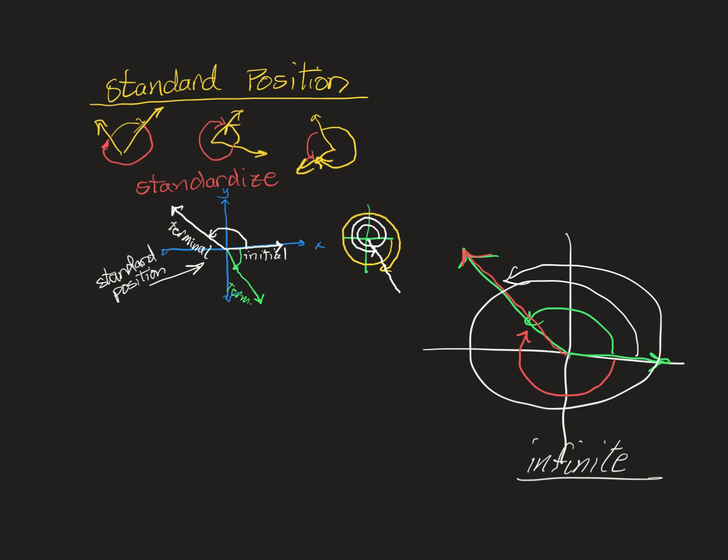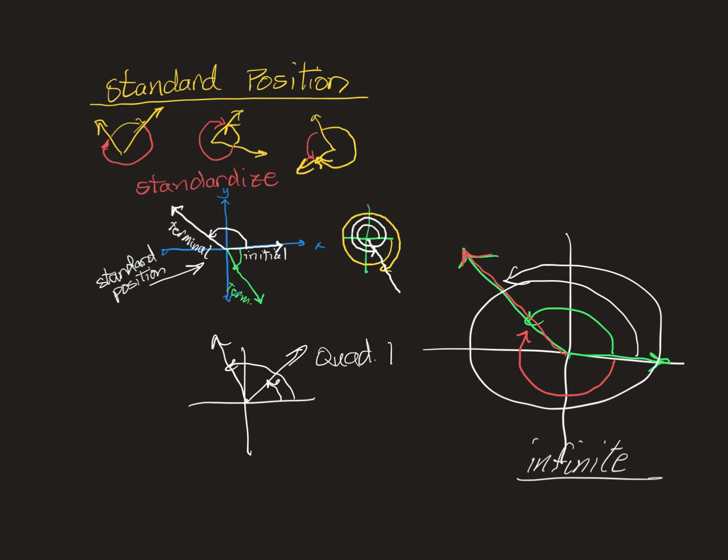So one other thing we want to talk about, when you have angles in standard position, if you rotate to here, this is going to be an angle in quadrant 1, right? If you rotate to here, you now have an angle in quadrant 2.